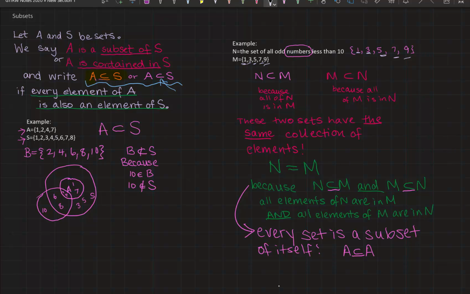Additionally, there's one other subset that every set has, and that's the empty set. The empty set is always a subset of any other set. And the reason is, if there's nothing in something, then I haven't been able to find an element of the empty set that wasn't in A, because there was nothing to look for in the first place.